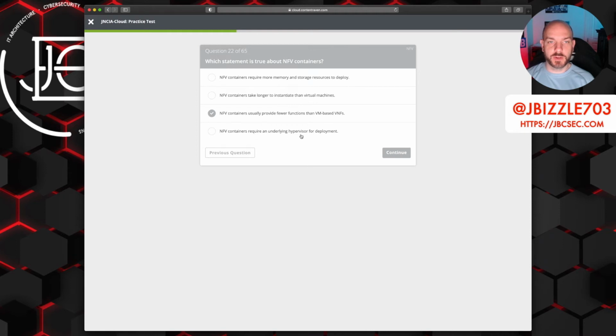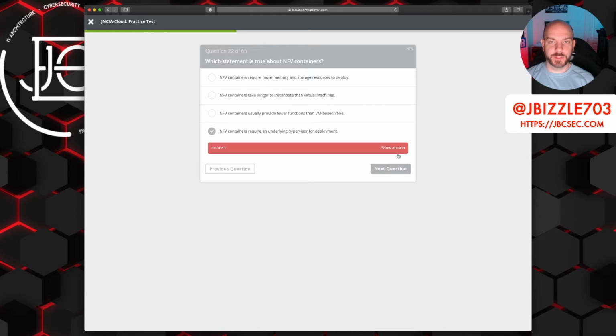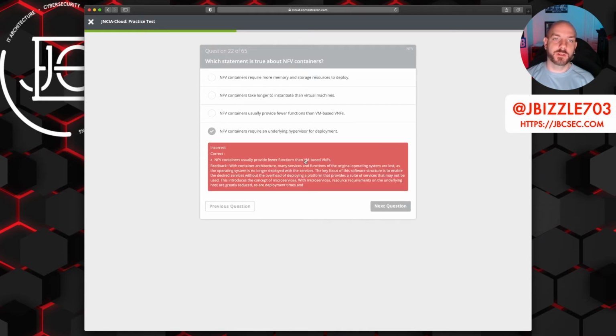Require underlying hypervisor for deployment. Let's go with the underlying hypervisor. I was right. I should have stuck with it. The thing with container architecture is normally that the things within there are going to not have as many functions as regular things. Ah, dang it.